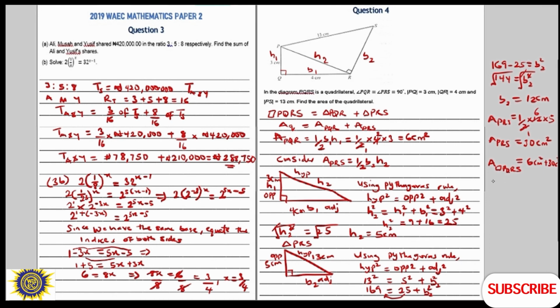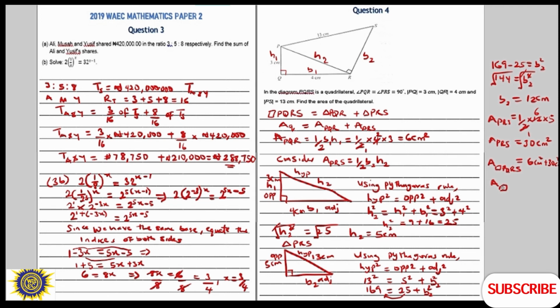So we have the area of the quadrilateral now to be equal to 36 centimeter square. So that's the final answer. The area of the quadrilateral, this symbol for quadrilateral. So that's that about that. So we have finished question 3 and 4 now.